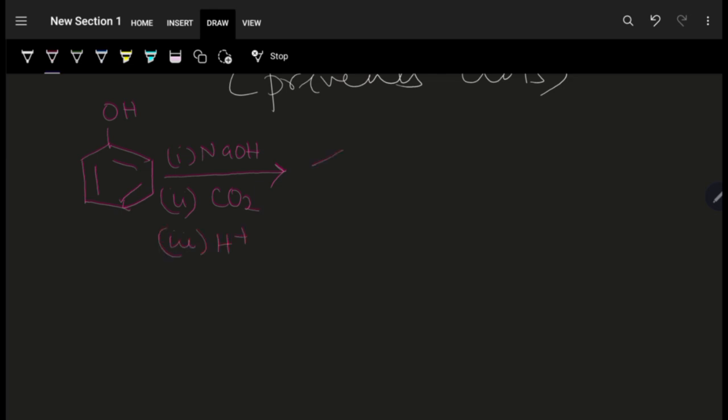It forms salicylic acid. Now remember that Reimer-Tiemann can give you salicylaldehyde also. So the name is salicylic acid. You can see it is 2-hydroxybenzoic acid. What is the IUPAC name?